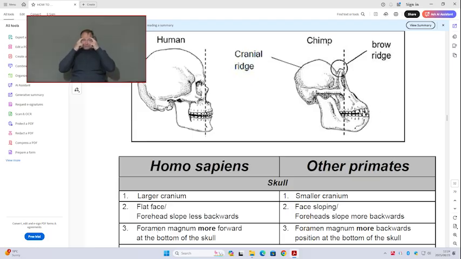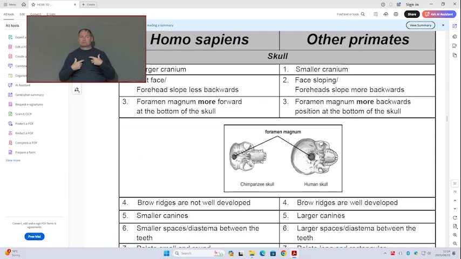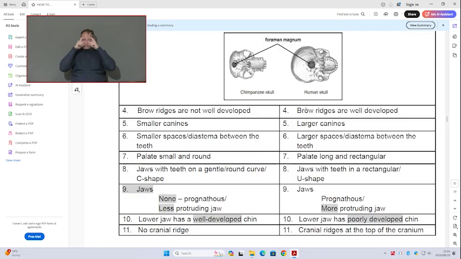Then, the other difference that we look at is the brow ridges. The brow ridges are these ones, where we have our eyebrows here. Now, both the humans and the other primates do have brow ridges. But the only difference is that our brow ridges are not well developed, while for other primates, their brow ridges are well developed.